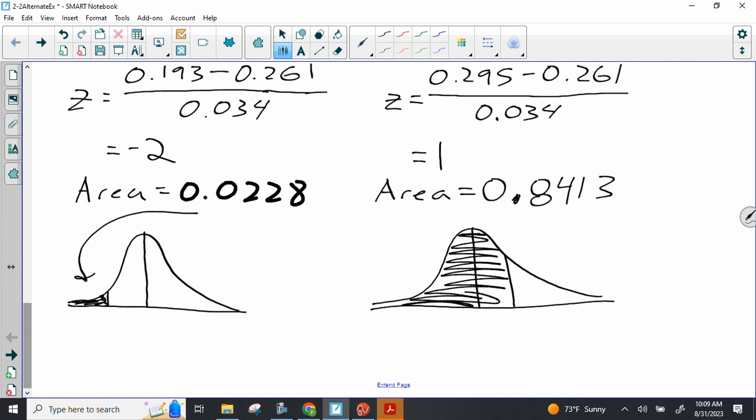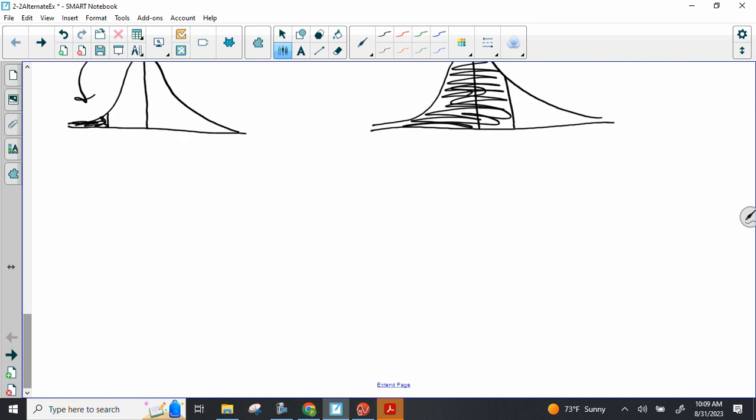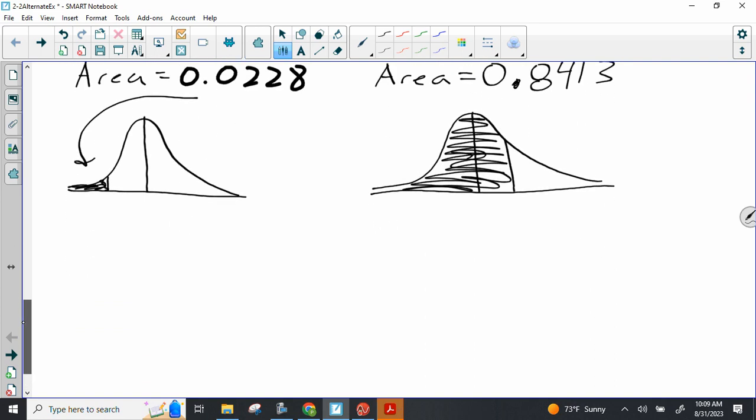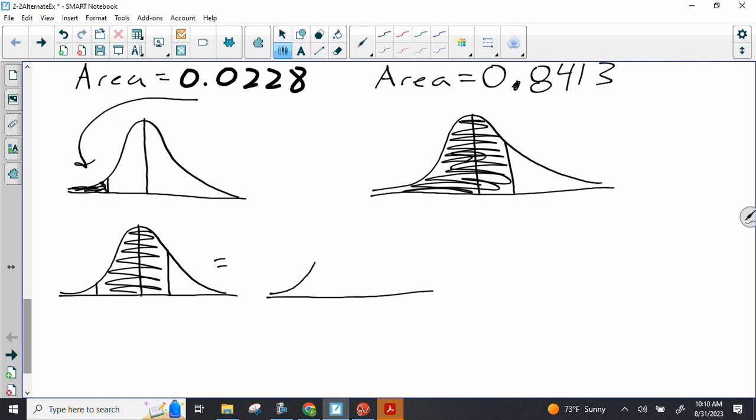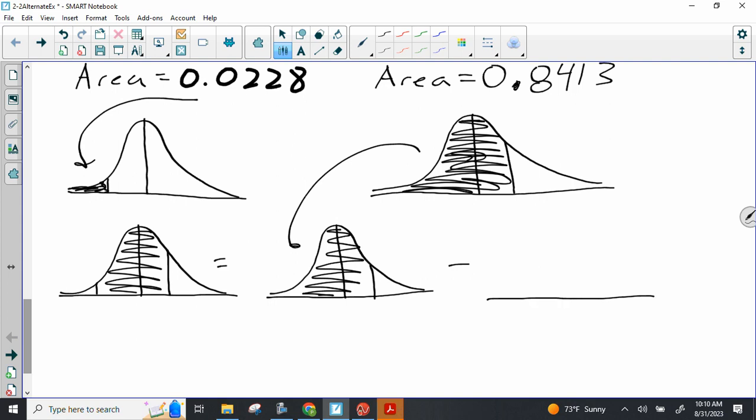So if I want the area on this interval, essentially I'm looking for that area, and that's the same thing as this area minus that area, right?